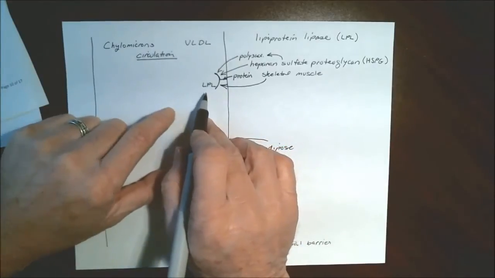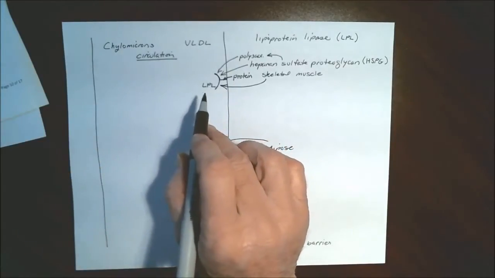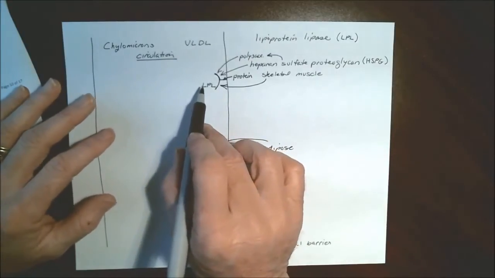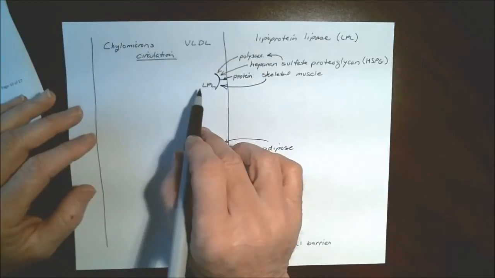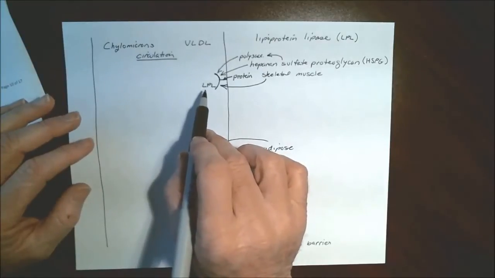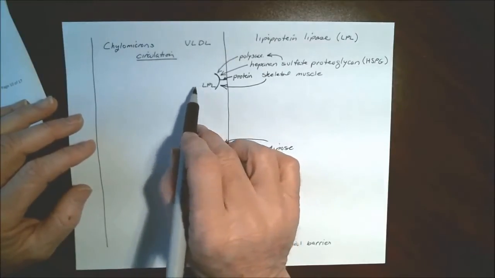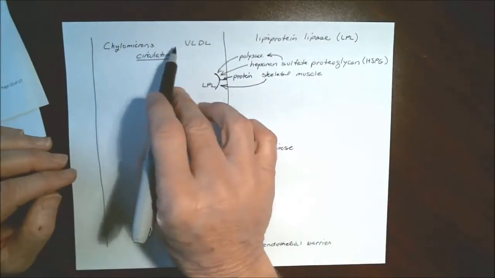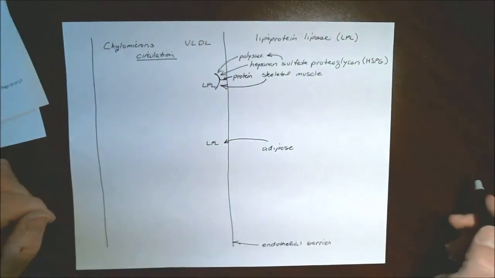This orients the LPL so that it binds to the HSPG, but its active site for lipolytic action, its lipase activity, is exposed to interact with these potential fatty acid donors.